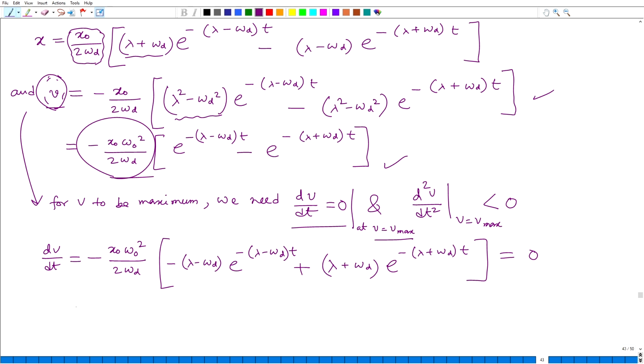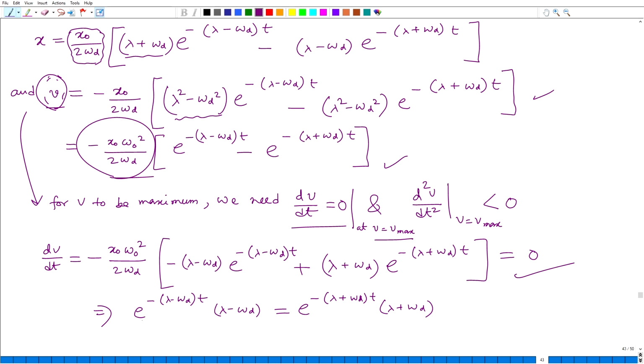If this is true, then we can actually say, okay, my e to the minus lambda minus omega d t times lambda minus omega d will be exactly equal to e to the minus lambda plus omega d t, okay, times lambda plus omega d. Okay. That is the condition for this to be 0.